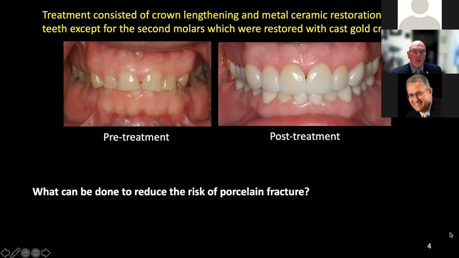After treatment is completed, I would make this patient a splint that they would probably wear at night, basically for the rest of their life to help protect against any type of nocturnal parafunctional habits they may have. Obviously, they may still brux, so we have to protect the porcelain that way.